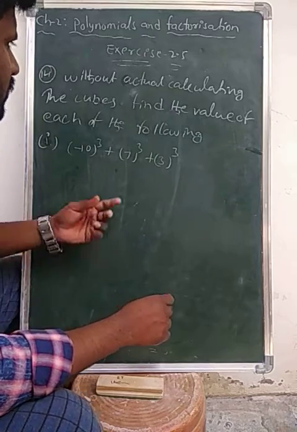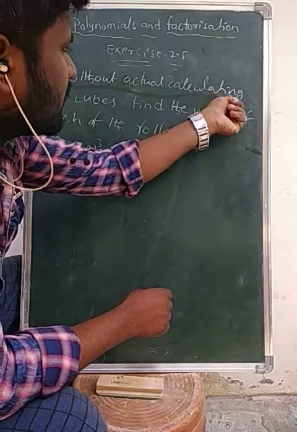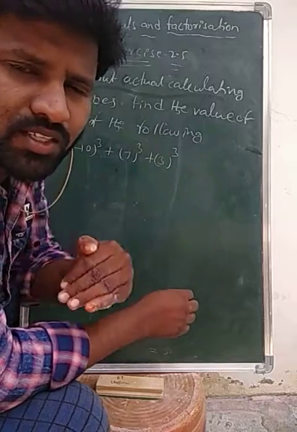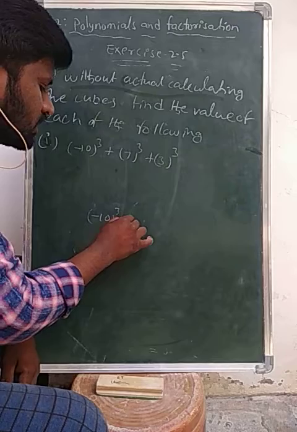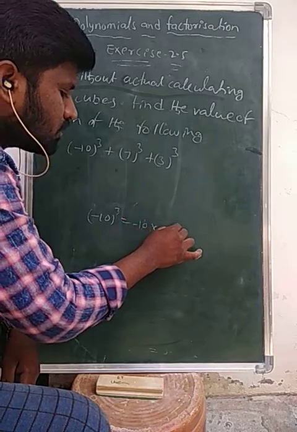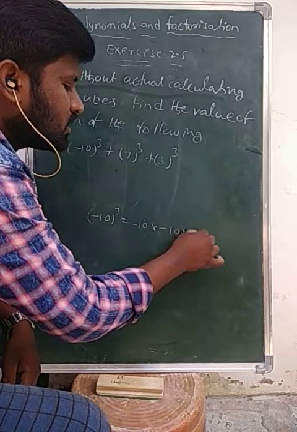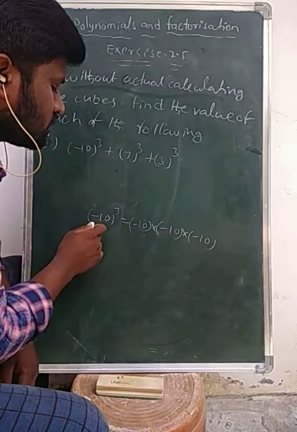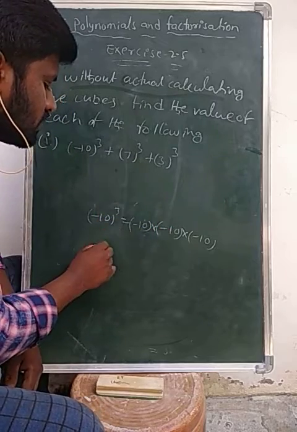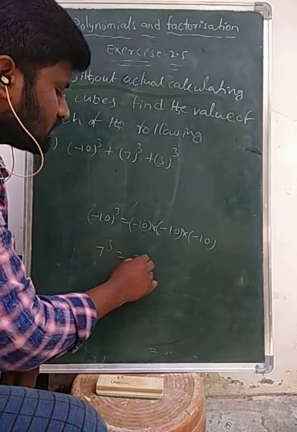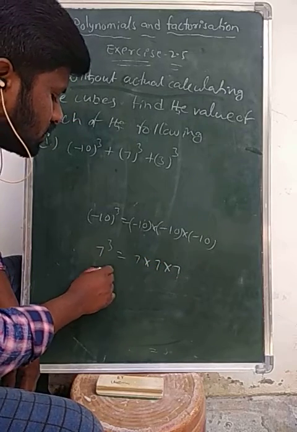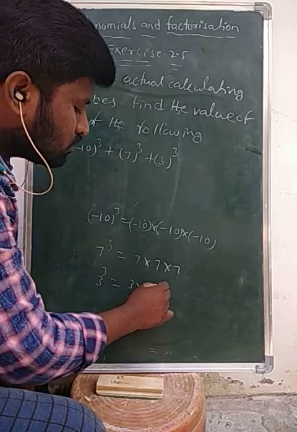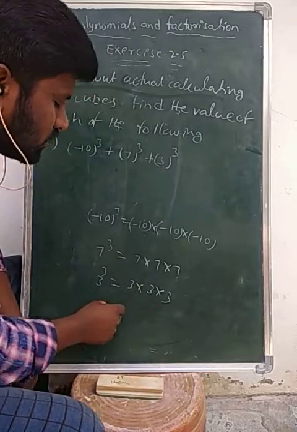Without actual calculating, how do we actually calculate? First of all, minus 10 cube means minus 10 into minus 10 into minus 10, minus 10 raised to the power 3. In the same manner, 7 cube means 7 into 7 into 7, 7 raised to the power 3. 3 cube means 3 into 3 into 3. We do like this actually.